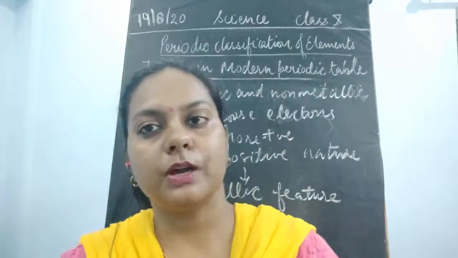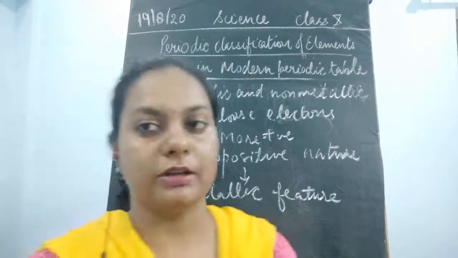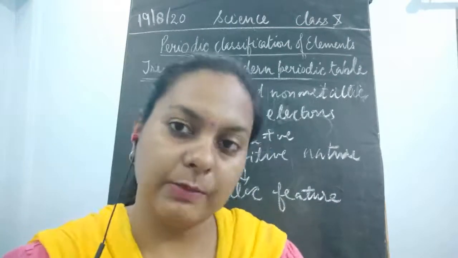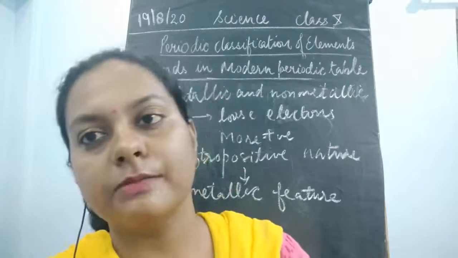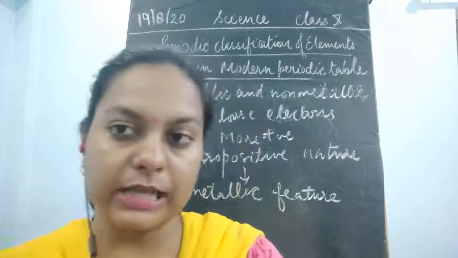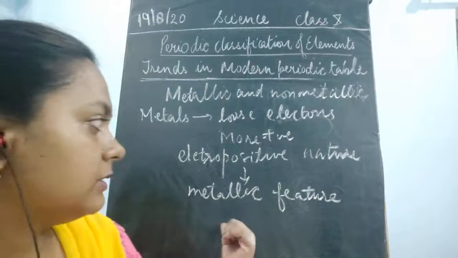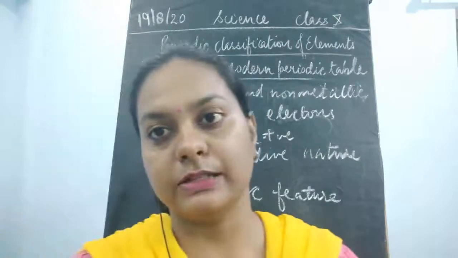So we have talked about the definition of metallic character, or what this electropositive nature is. Electropositive, as the name suggests, means it becomes electrically positive. How does this atom become positive? The nucleus is present and the electrons are present in the outermost shell.